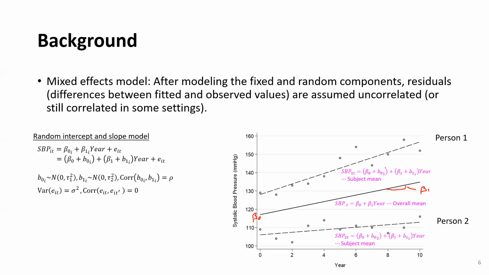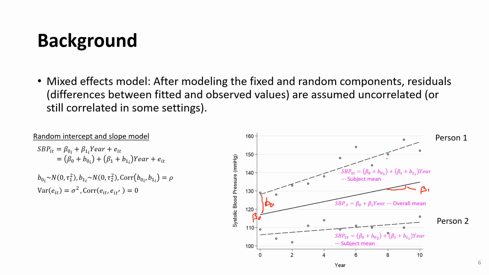So these b are random intercepts. In other words, this person's intercept is given by beta naught plus b01. Here is beta naught, and the difference between this point and this point is given by b01. So it's a subject-specific intercept, which is given by this value, beta naught plus b01.